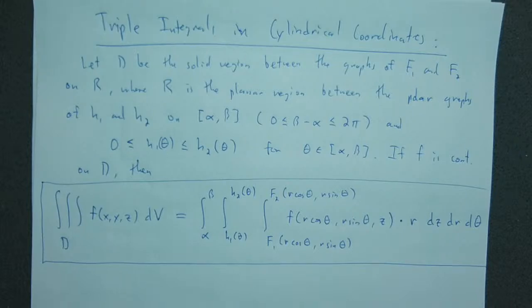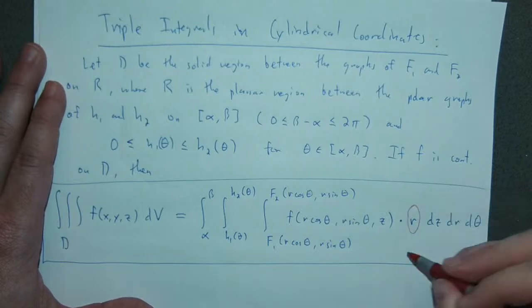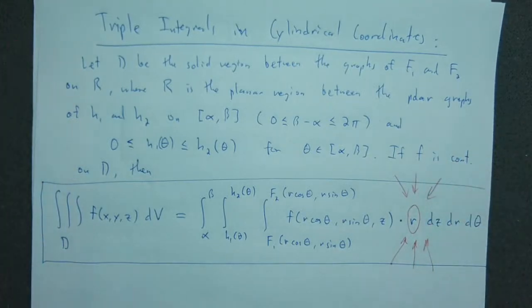Now, as before, when we first did polar coordinates for double integrals, I want to draw your attention to this extra term. This extra term always shows up like this, in the exact same way that it did for polar coordinates. In fact, the reason this is the same factor that shows up as in polar coordinates, as you might have guessed, is because of how intimately related cylindrical coordinates are to polar coordinates.